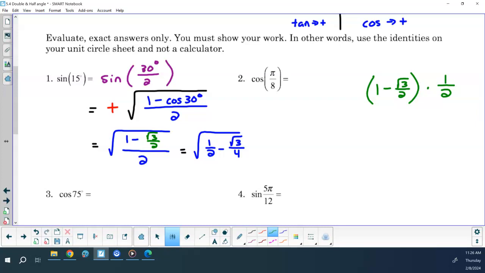You are in the later category. So then this would become the square root of 2 minus the square root of 3 all over 4.